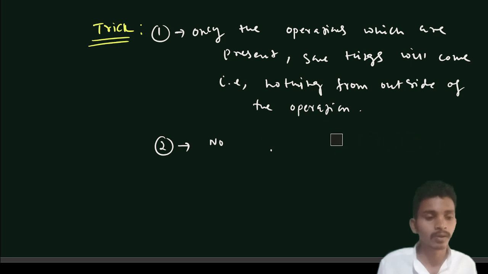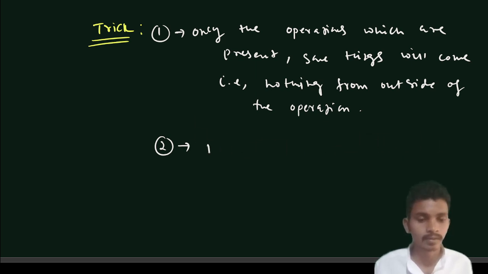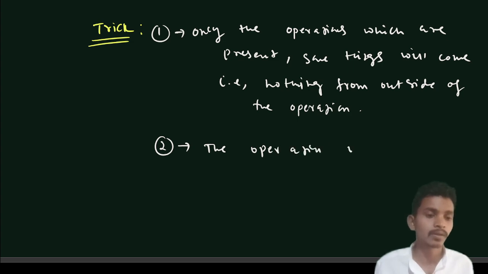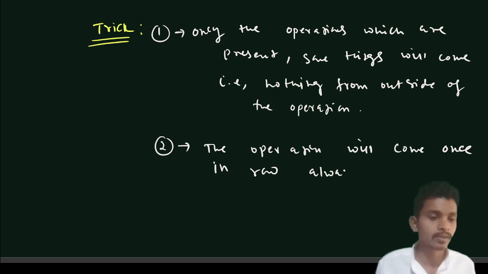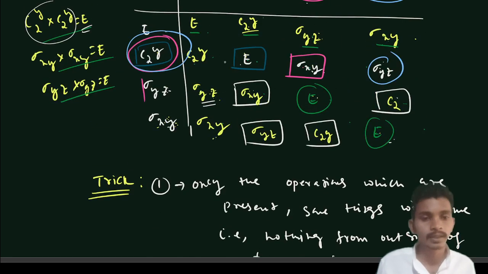It means each operation will come once in a row as well as once in a column. We can see here there are no repetitions, only one time it came. Okay, here also no repetitions, similarly here also no repetitions.